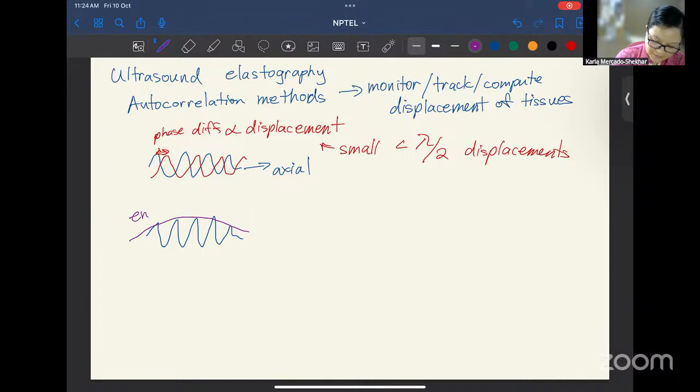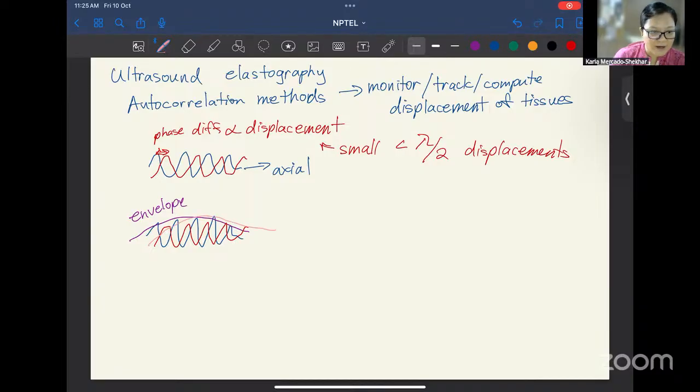So this is the envelope. And there'll be a shift in the signal, because the shear wave or some tissue motion is going through. So you would need to calculate another envelope for that.